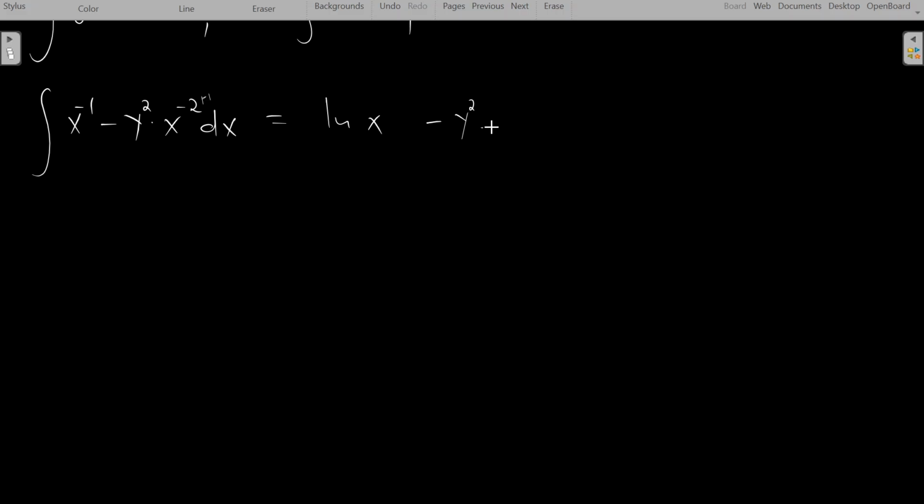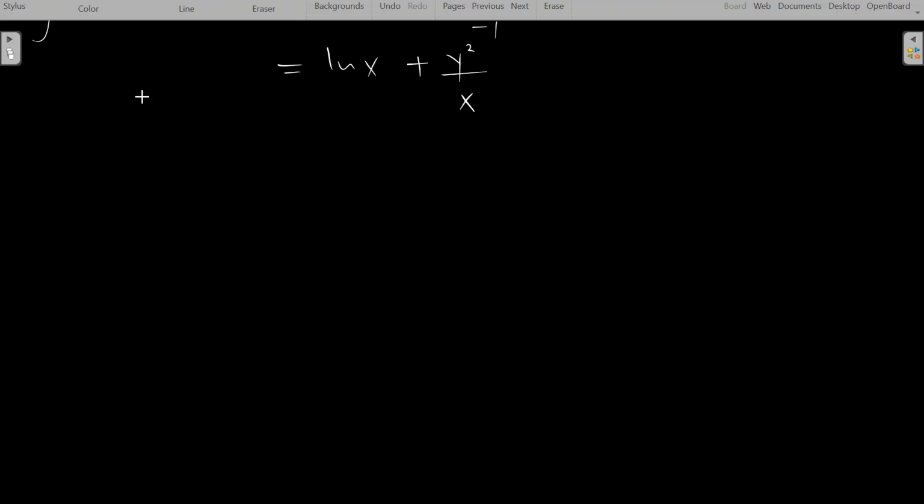So I multiply with x raised to negative 1 divided by negative 1. I'll add a constant of integration, but we won't add it here. So this is ln of x minus, and the minus comes up and it becomes y squared upon x. Now this is our integral.